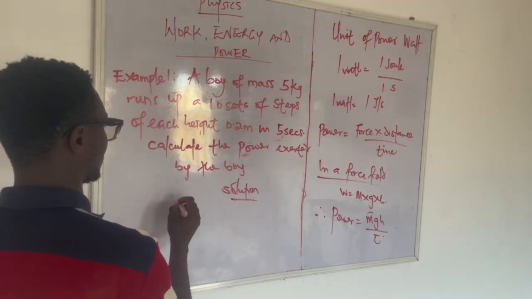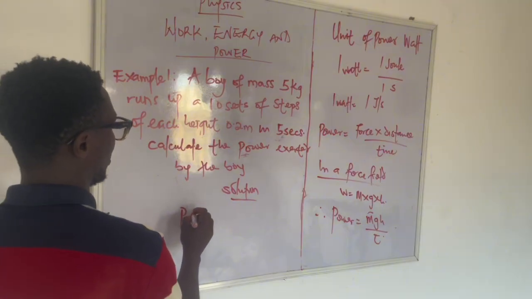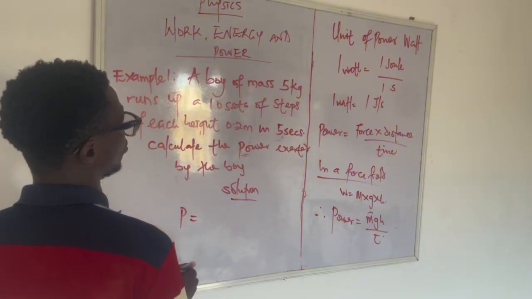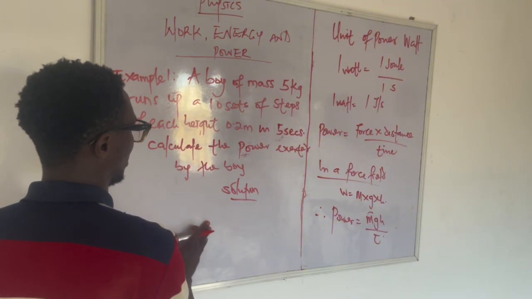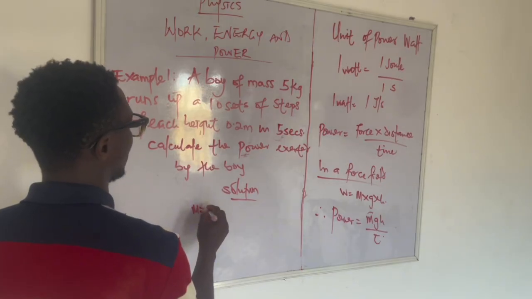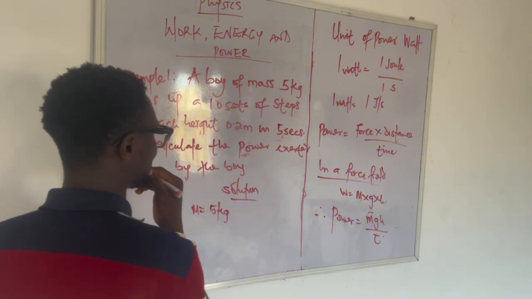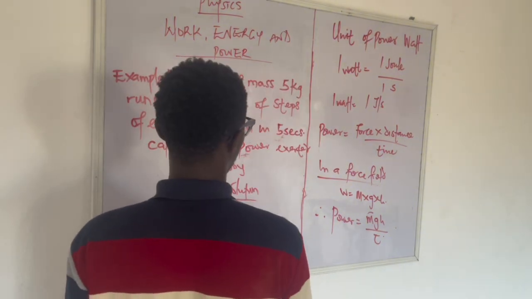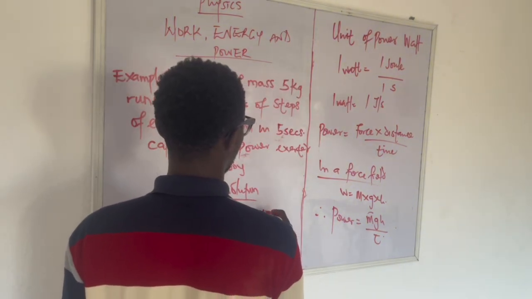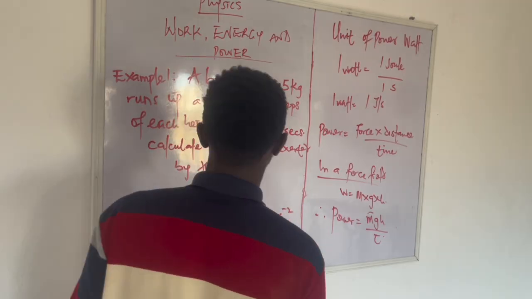Solution. Let's get out the parameters. M, which is the mass, is 5 kg. We are given g to be 10 meter per second square.